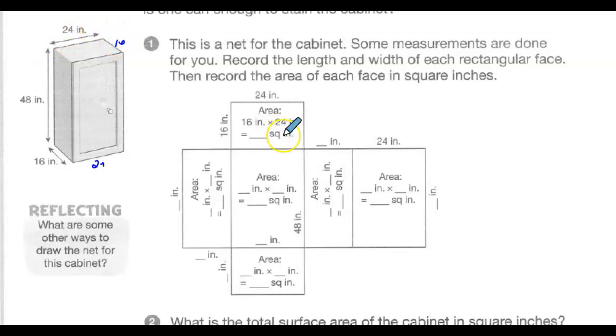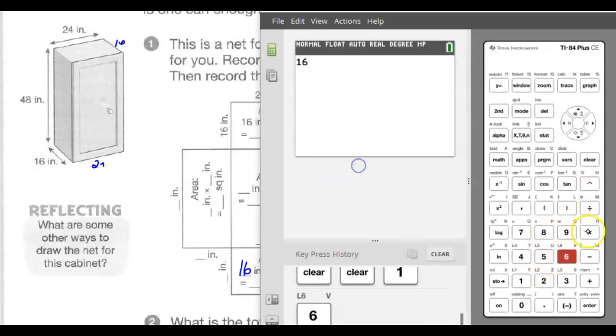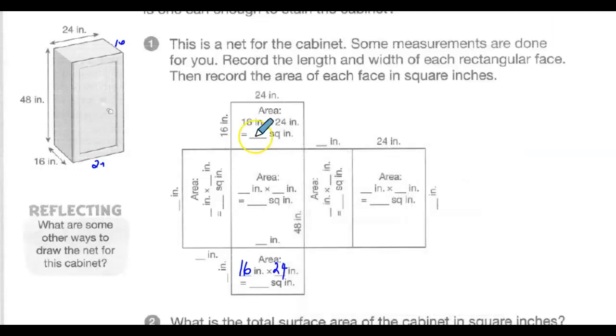So these two are exactly the same. So that's 16 times 24. And then let's calculate what 16 times 24 is: 384. Okay, then we've done the top and bottom here.